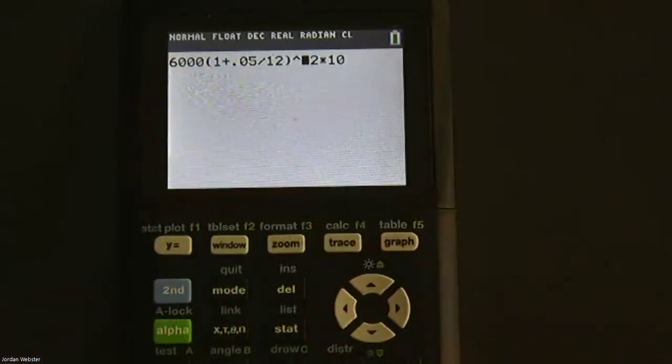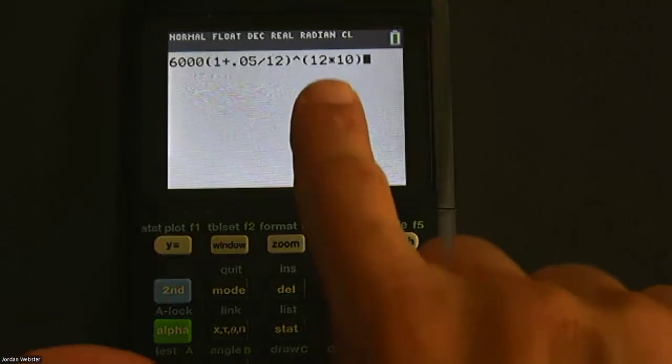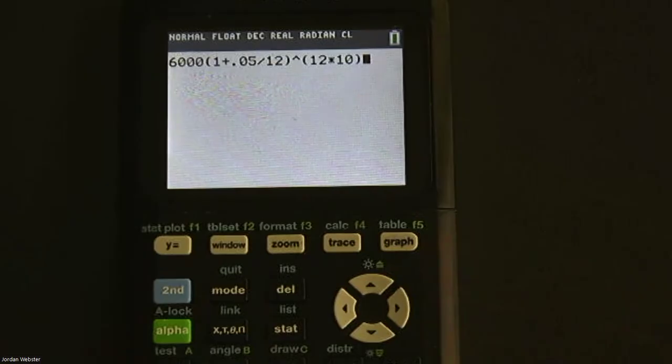So what I have to do in classic mode is take 12 times 10 in parentheses so that it knows that the 12 times the 10 is an exponent. And then obviously I get the exact same number I did last time.